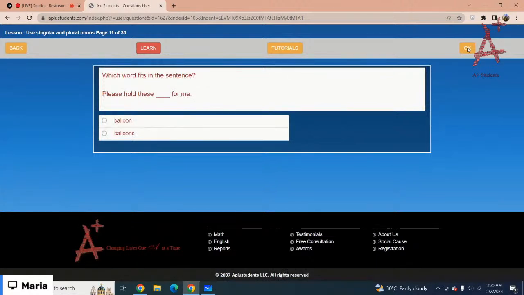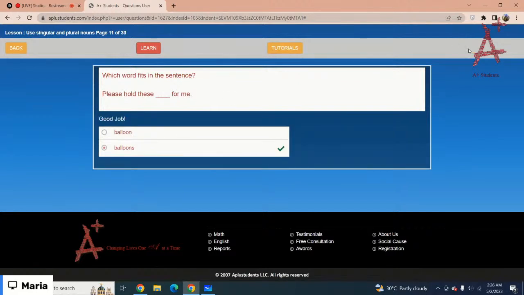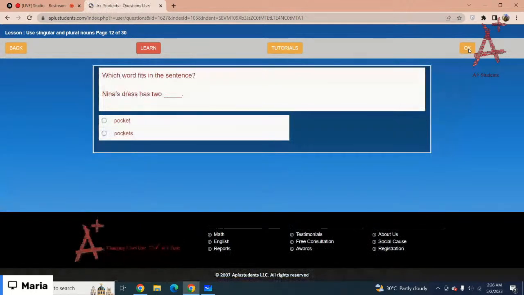Please hold these dash for me. Again, these is used with plural, so it would be these balloons for me. Nina's dress has two dash pockets. Two means more than one, so it would be pockets.